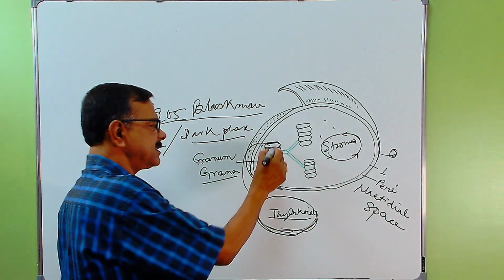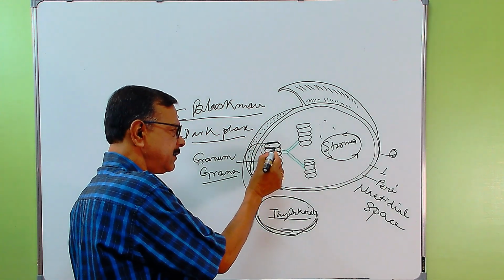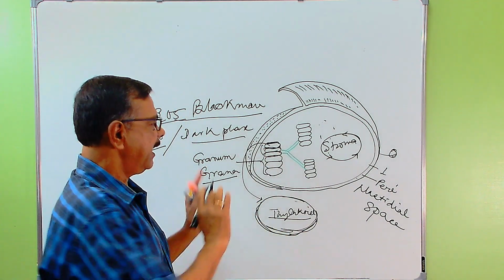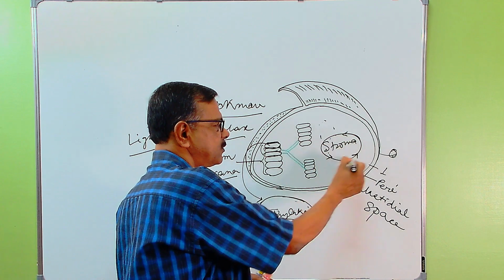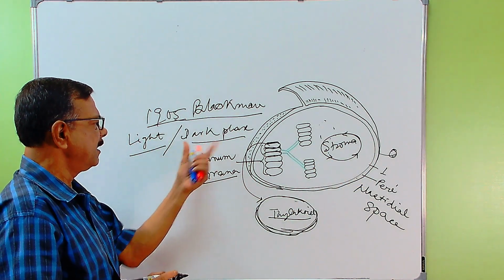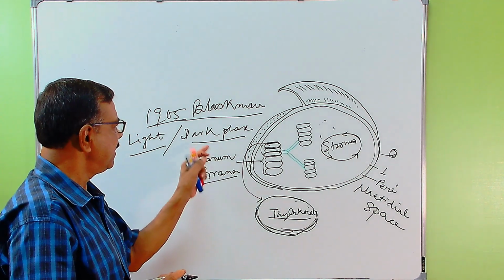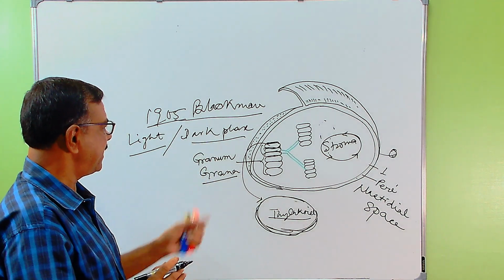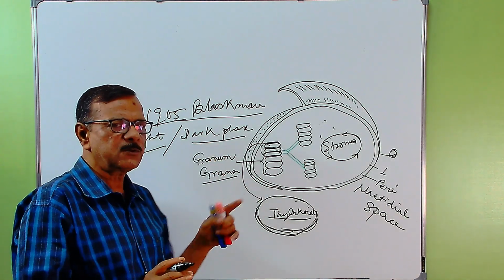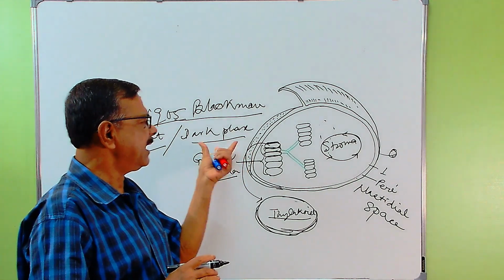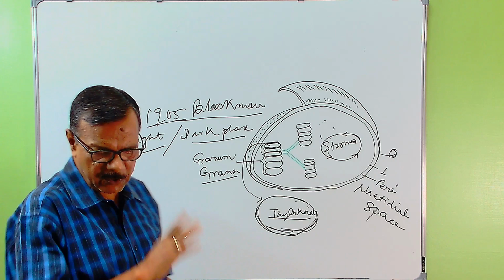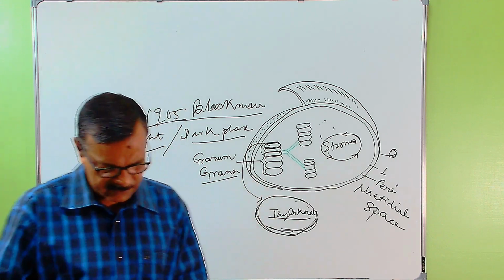The light phase occurs in thylakoid, and the dark phase occurs in stroma. But this is a misnomer, because somebody may interpret that it occurs in the dark, but it does not. It takes place at the same time, but here light is not necessary. So these are the two phases by which photosynthesis takes place.